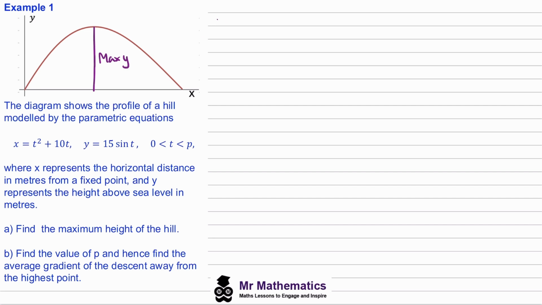And we're told that y equals 15 sine t. So we need to look at the range of sine t. If we sketch the graph, we know sine t is periodic, and it goes from positive 1 to negative 1. So the maximum is at this positive 1.